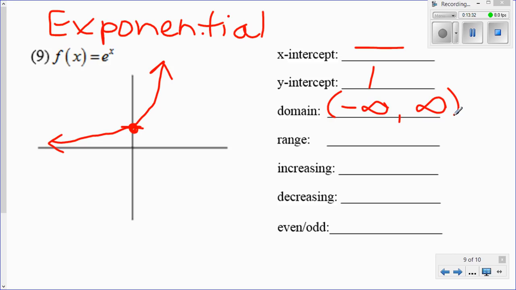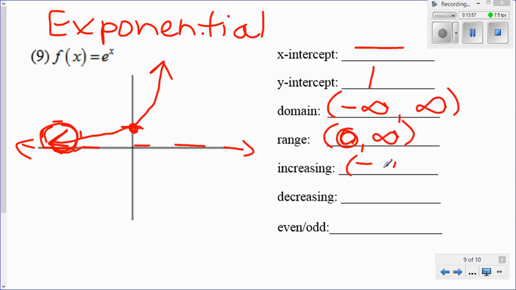And the range, if you notice that the graph is above the x-axis, so our y values are from 0 to infinity, but not including 0. This particular graph has a horizontal asymptote, which is the x-axis. And so what's happening at this end is it's getting closer and closer to the x-axis without touching or crossing it. And then this graph is always increasing. So from negative infinity to infinity, it does not decrease. And this one is also neither even nor odd.